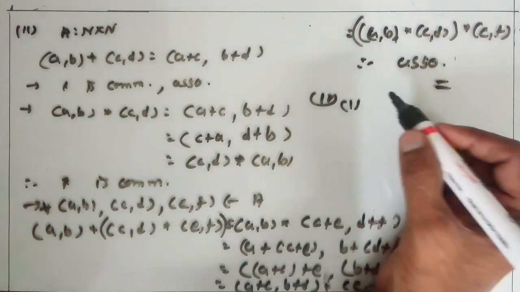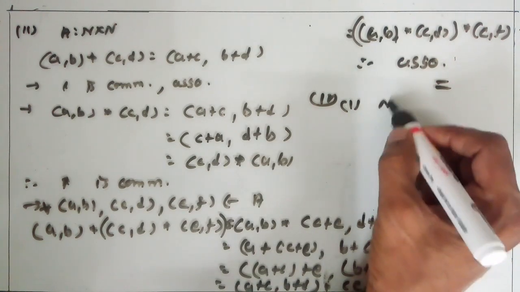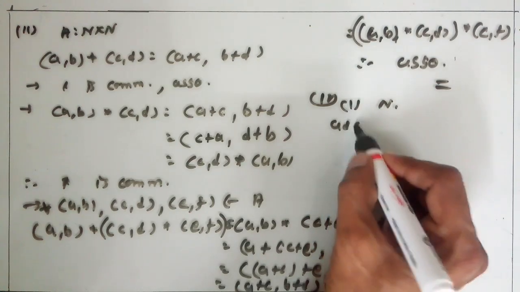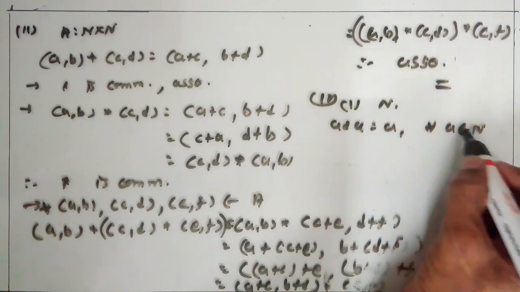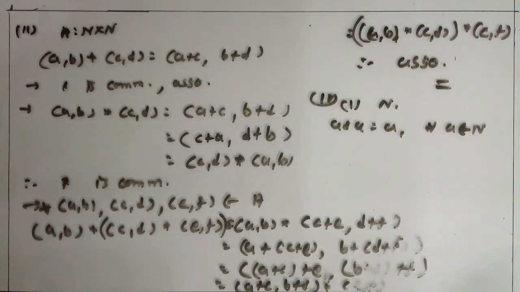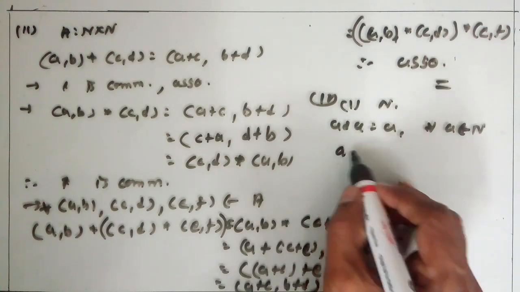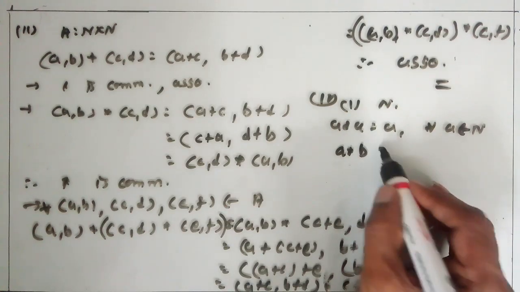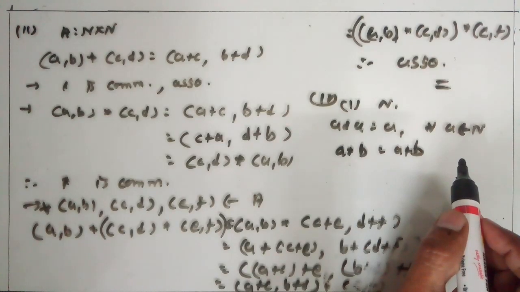Number 1: given a binary operation star on a set N, A star A is equal to A for all A belongs to N. Here the star operation on N is defined by A star B is equal to A plus B, that is the addition of these two numbers.